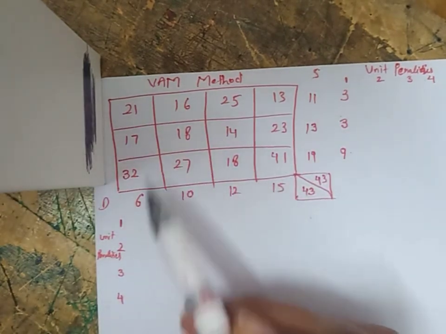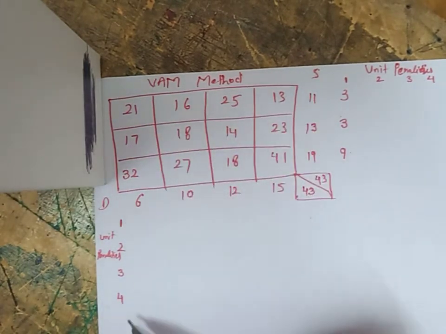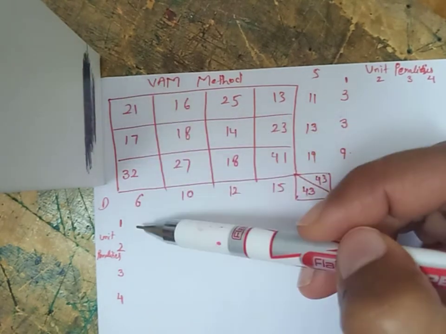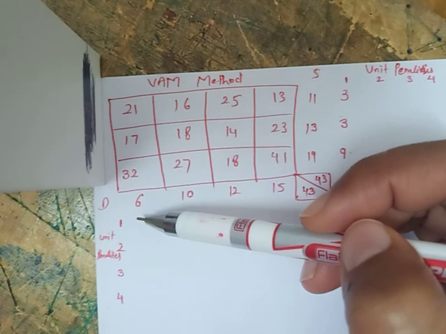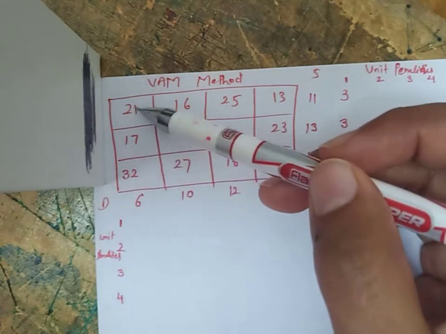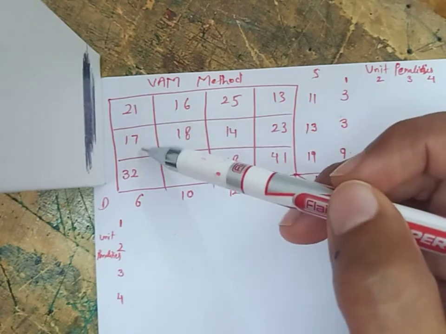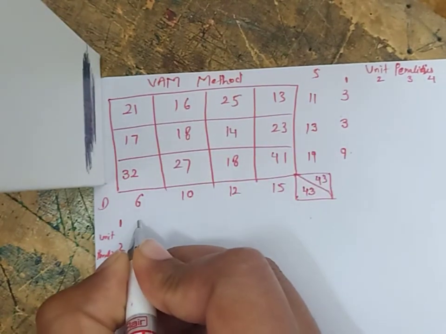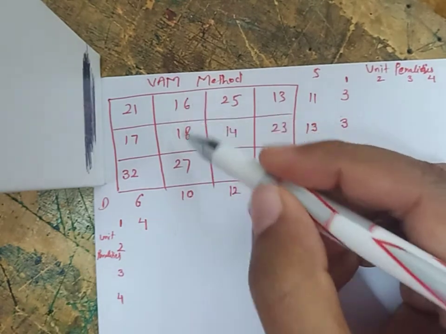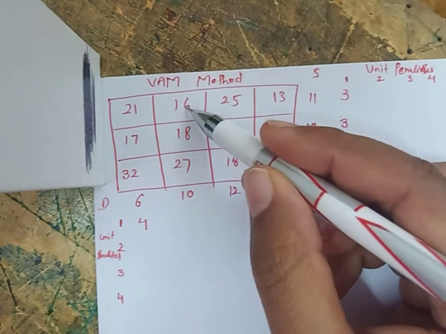Similarly, we will calculate the unit penalties column wise. Have a look here. Column 1. Lowest two cells are 17 and 21. And the difference between both cells is 4. In column 2, 16 and 18.